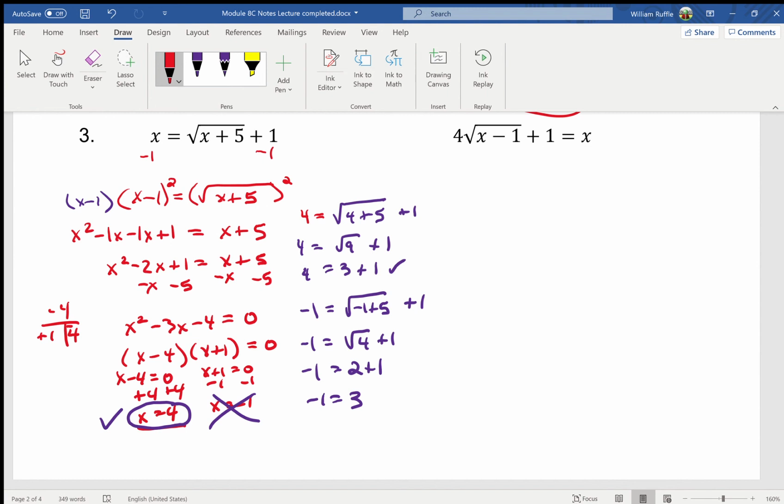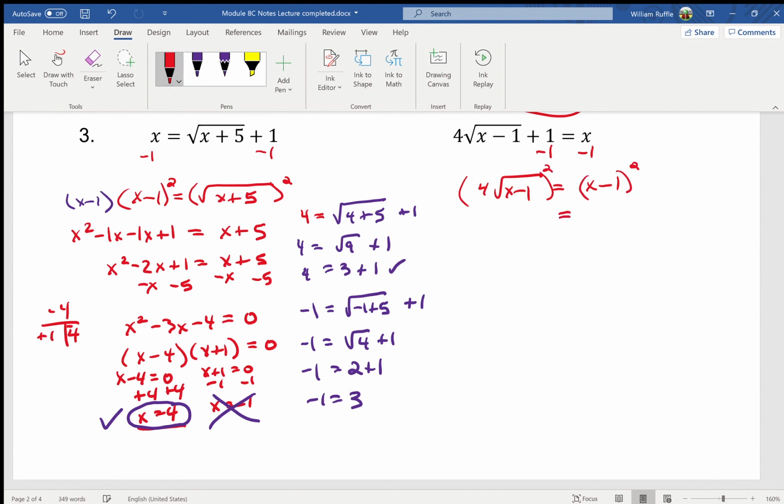So this one's going to be very similar. I'm going to subtract 1 over, so 4 times the square root of x minus 1 equals x minus 1. So now, I really got to isolate this, but this is multiplication, 4 times it. Now if I divide by 4, I'm going to have terrible fractions. So I have to be careful when I square this here on the other side.